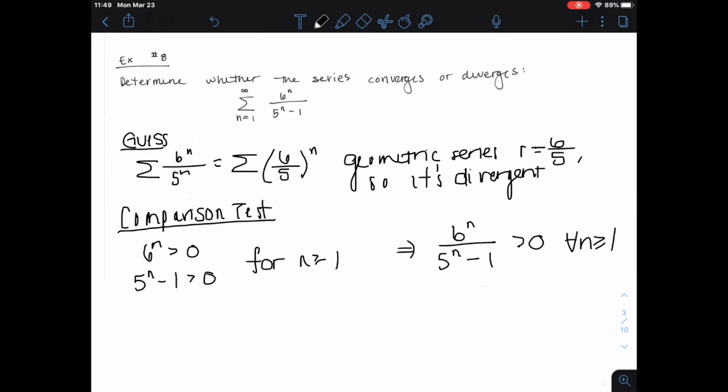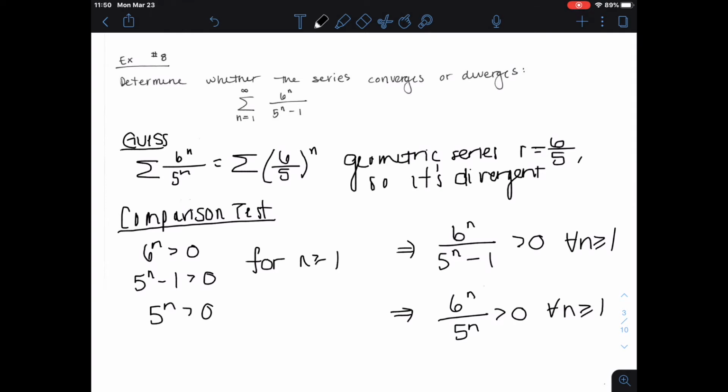Same thing holds true for the series we're comparing it to. So we've already got 6 to the n is greater than 0, 5 to the n is also greater than 0. So the second series, 6 to the n over 5 to the n, is definitely positive for all n greater than or equal to 1.